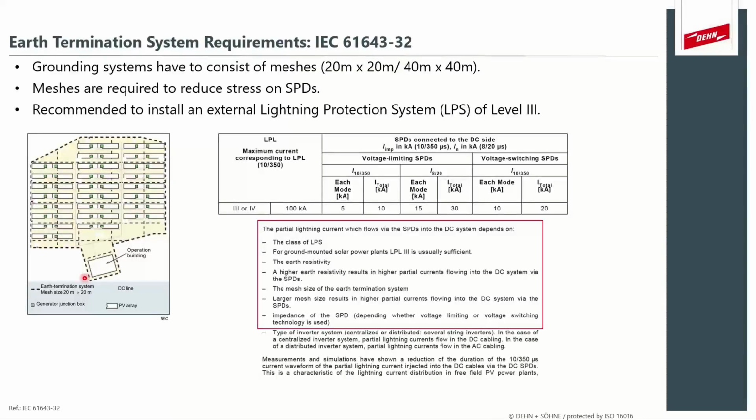Okay, so the first thing that we take away is the standard says you need to install a grounding grid across the entire PV plant with 20 by 20 meters of mesh material. So it would be something like copper or galvanized steel that forms a mesh under the plant of 20 meters by 20 meters. And then the standard just says that for larger scale plants, you can go to 40 meter by 40 meter.